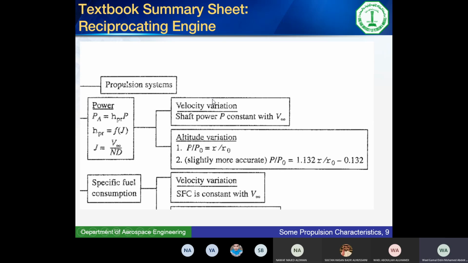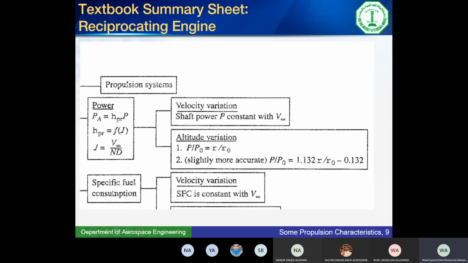So this brings me to the last part of today's session, which is the summary sheet of chapter 3. If you have the textbook with you, you can open it to page 186. That's technically the last page of chapter 3, where you're going to have a one-page summary of all the equations in this chapter for the different types of engines.